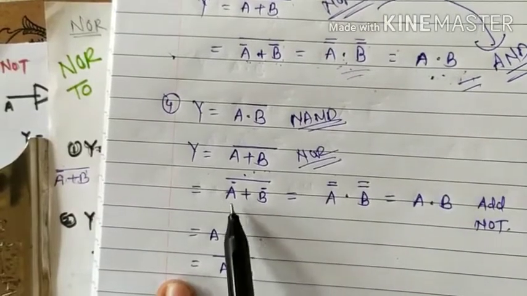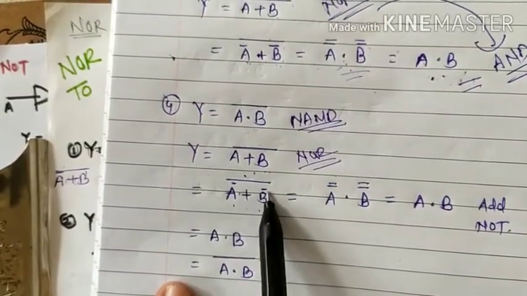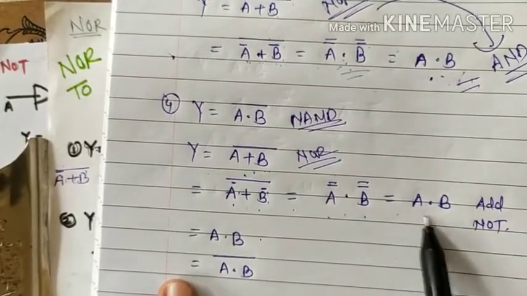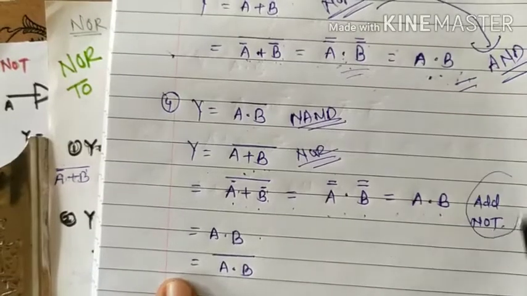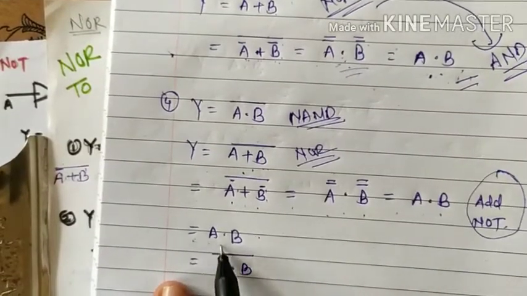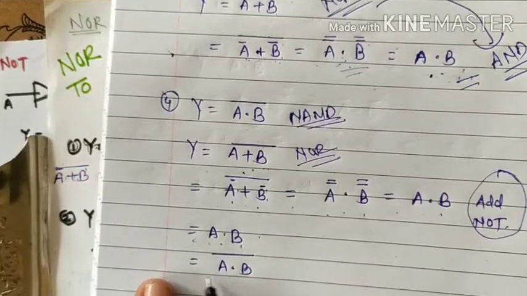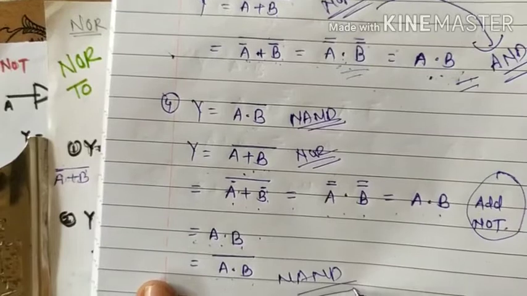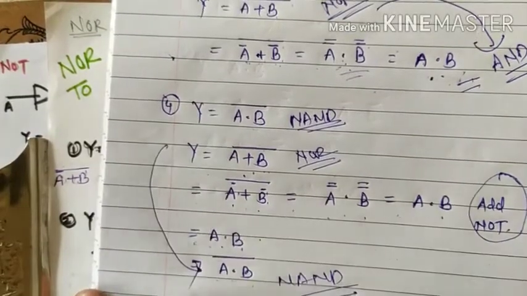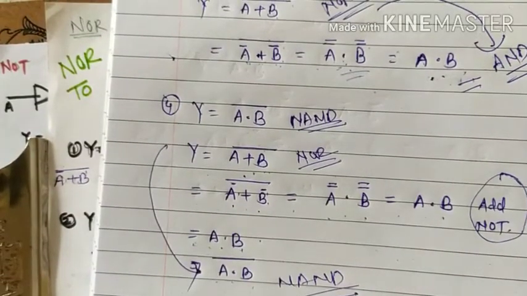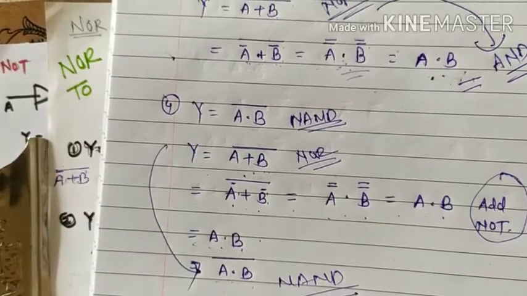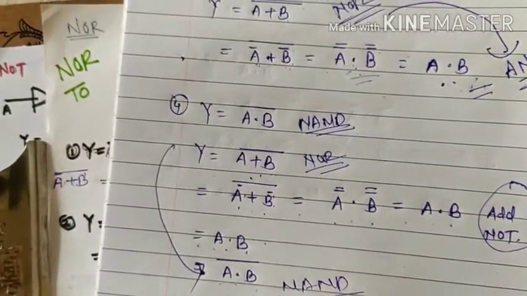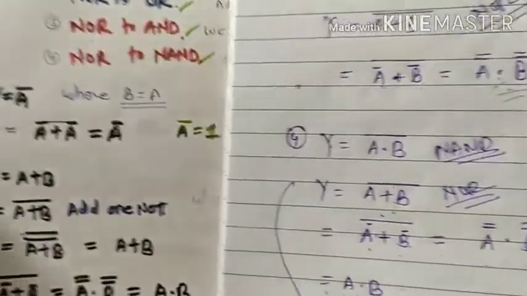So we write (a bar plus b bar) whole bar is equal to a double bar into b double bar, which is a into b. Add one NOT, so the equation is (a into b) bar. We are adding one NOT gate, so it is a NAND. So we convert our NOR gate into a NAND gate. In this way you have to understand this conversion, converting this expression from one form to another.